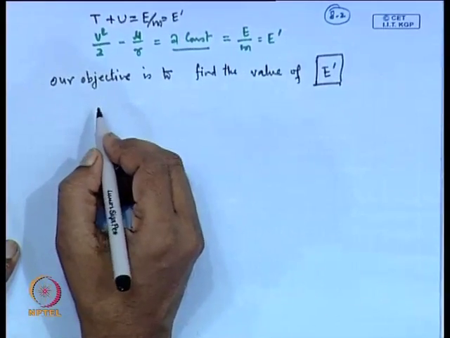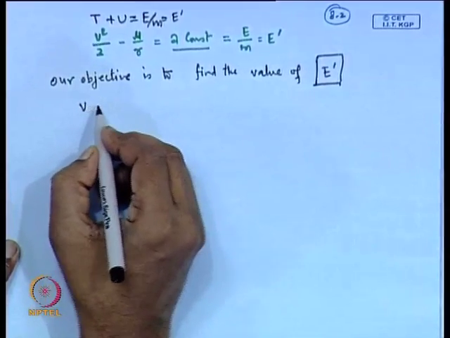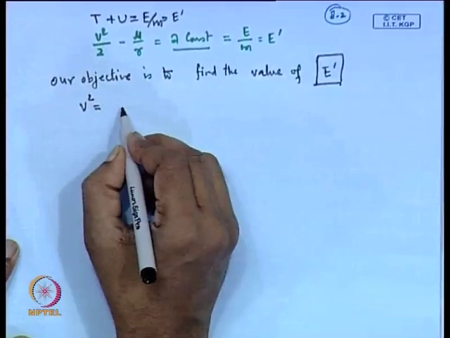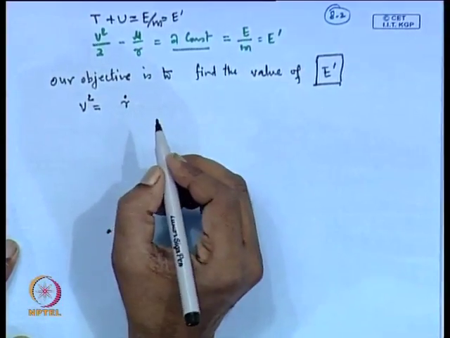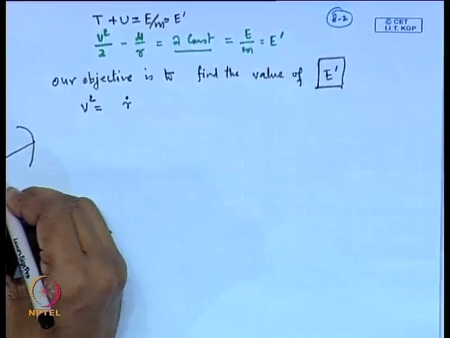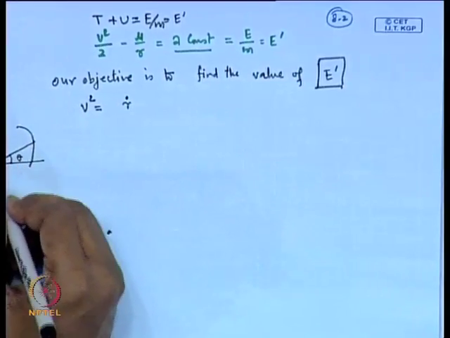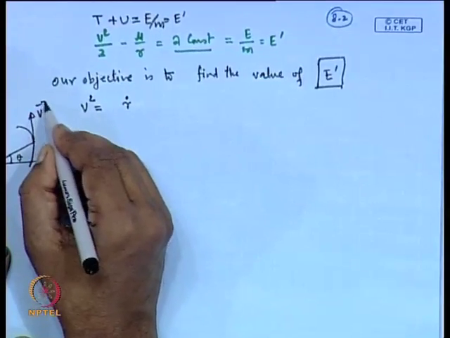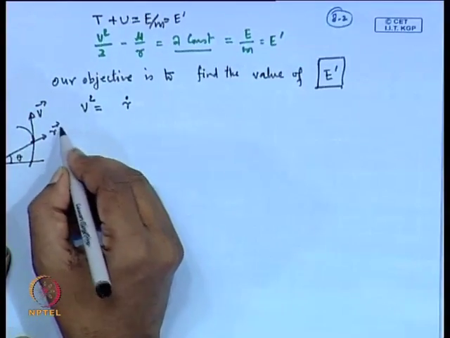Here, V square we can write in terms of the radial velocity. This is angle theta, this is point O. If the satellite is moving in this direction, this is the vector r.